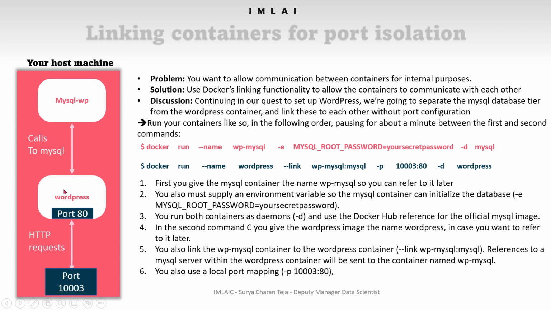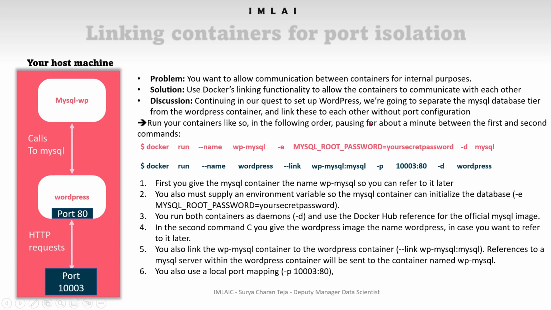At port 80, what is running? Our WordPress application is running inside the container. Then from here, if you write a blog and save it, or if you are asking for a blog, WordPress will call the MySQL database and it will respond with the required data.